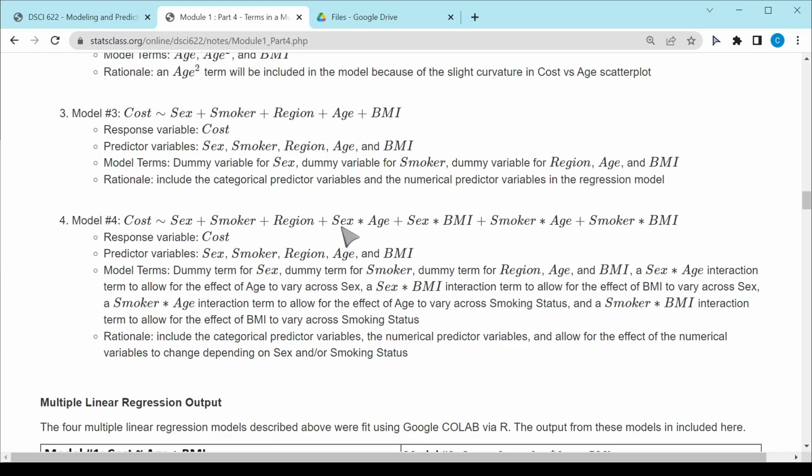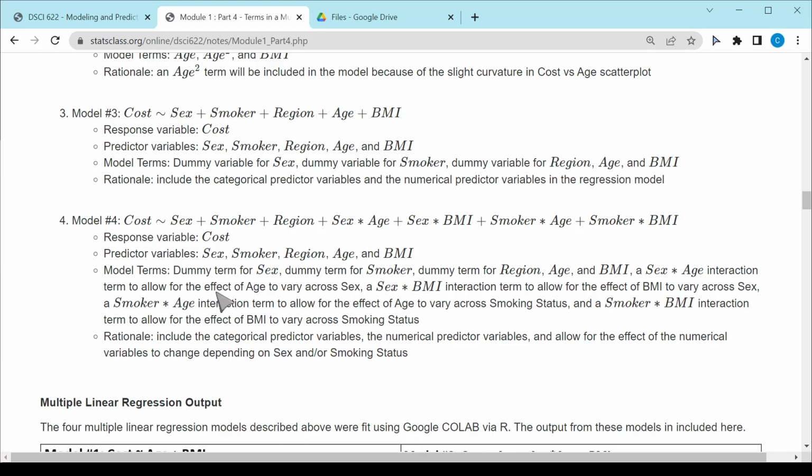So a sex by age interaction term is going to allow the model to have the effect of age vary across the sex.